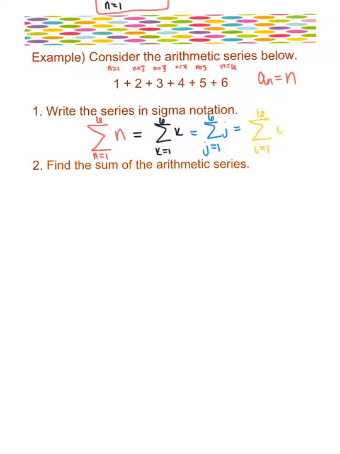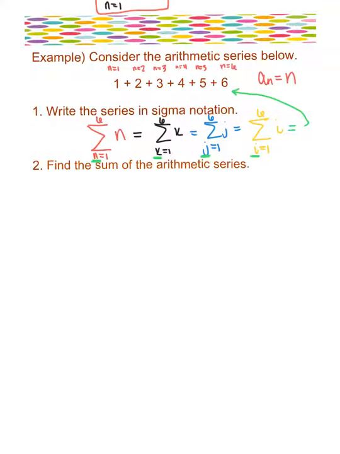In these three that I've drawn, all I've done is change the index letter, but they all mean the same thing. Here, I'm telling you to plug in these integer values for n in my rule. So I've just redefined it for k, j, and i, but they would all generate the sum 1 plus 2 plus 3 plus 4 plus 5 plus 6.